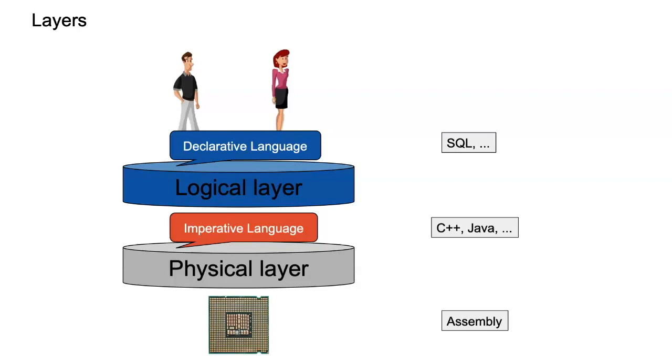All right, so data independence: we have a declarative language on the logical layer and an imperative language on the physical layer. And it's possible to even change the physical layer, like the PostgreSQL team, they release a new version every year. Now I think it's version 16. And every year in the course, we just upgrade to the newer version. It was probably 15 last year, but it doesn't change what I'm teaching you. It's still the same language SQL.